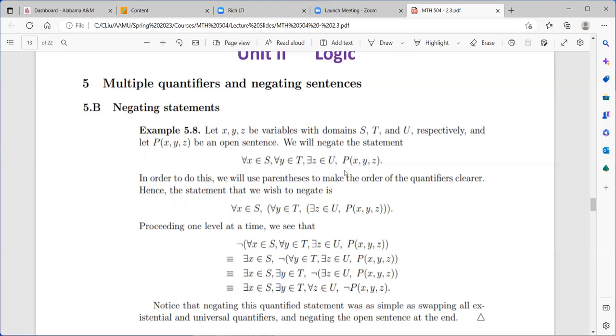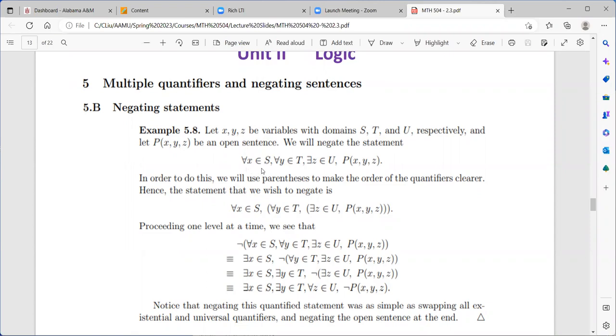All right. Let X, Y, Z be variables with domains S, T, and U, respectively. So these are variables with different domains, and let P of X, Y, Z be an open sentence. So you can use universal quantifiers and the existential quantifier at the same time on these variables to make a statement.